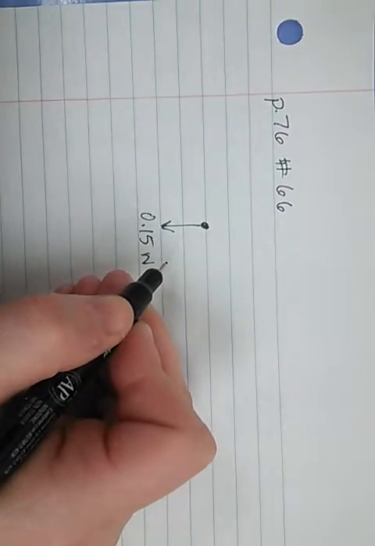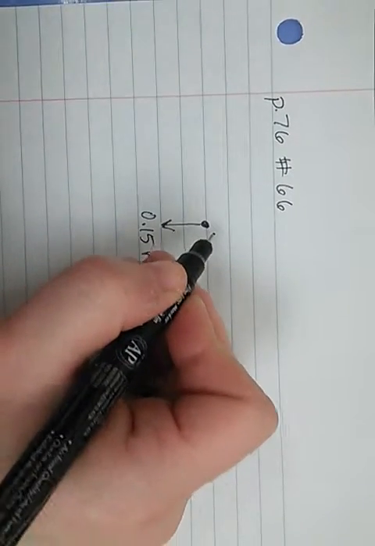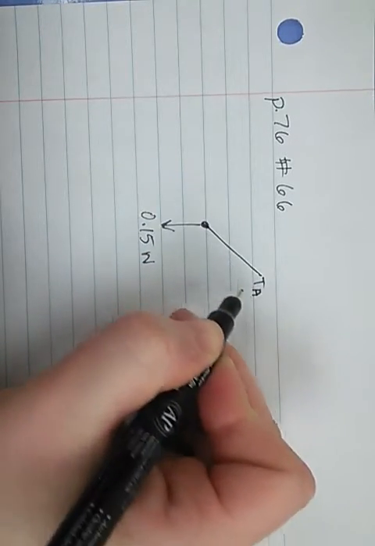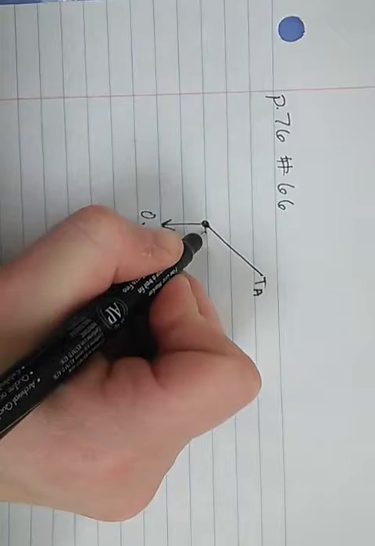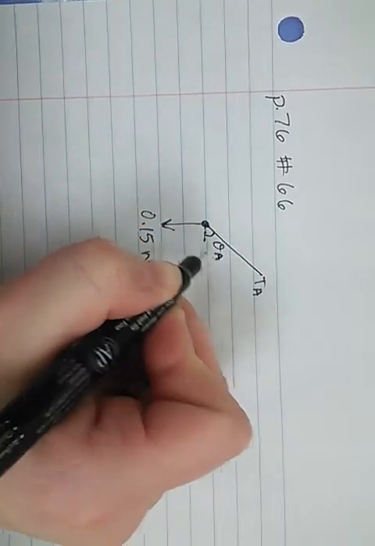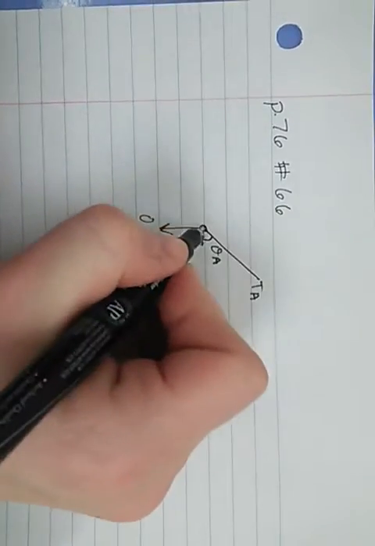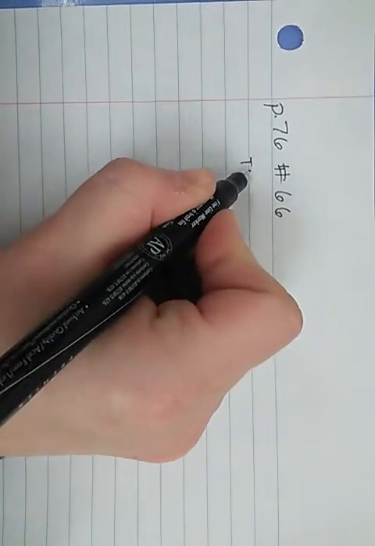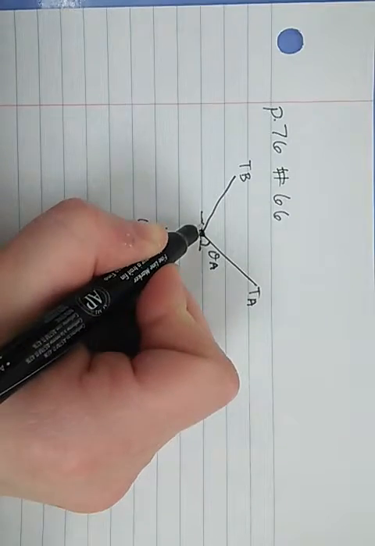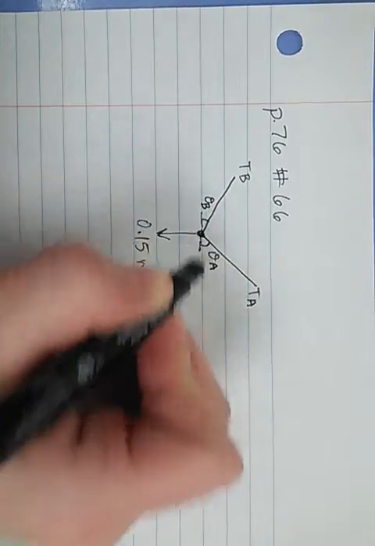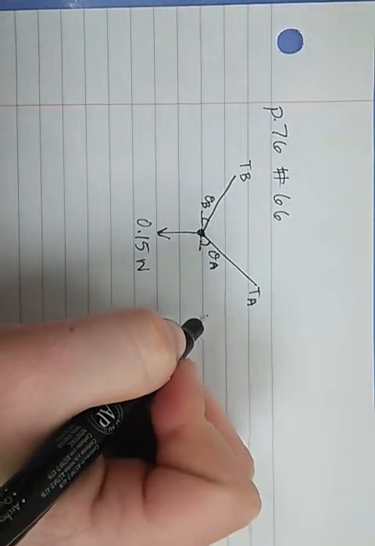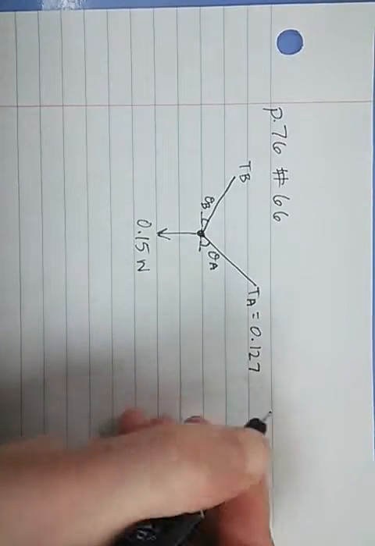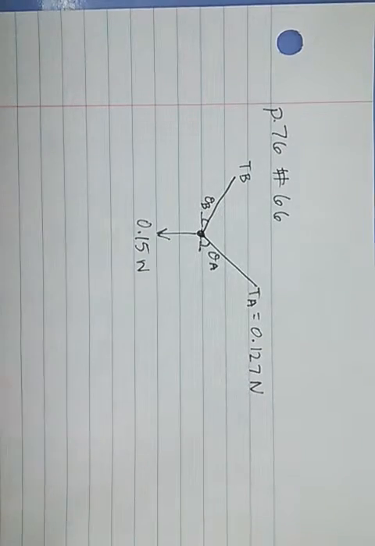And I'm going to call this tension A. And here's angle A. And then this is tension B. And here's angle B. We also know that tension A is equal to 0.127 newtons.